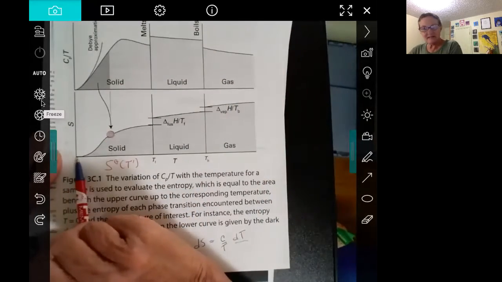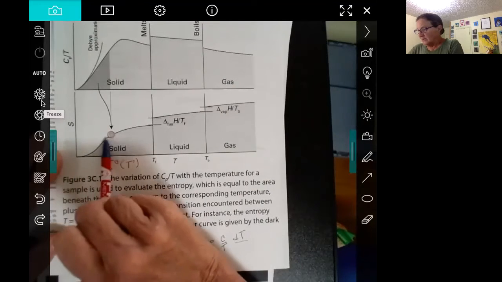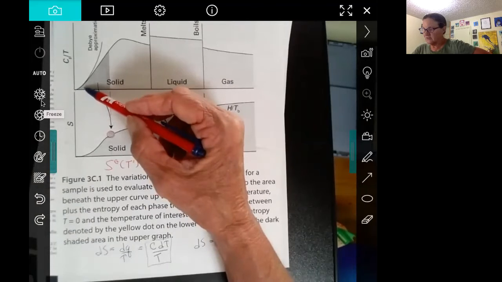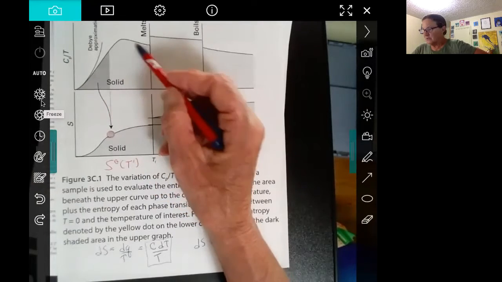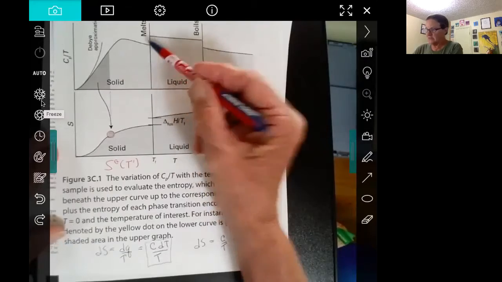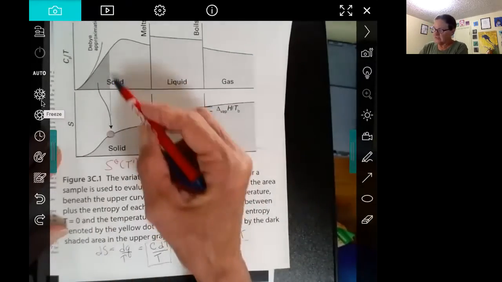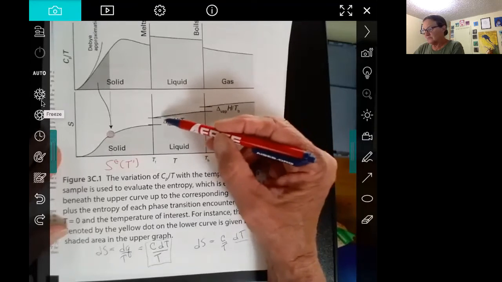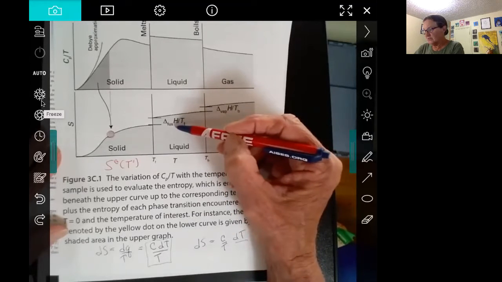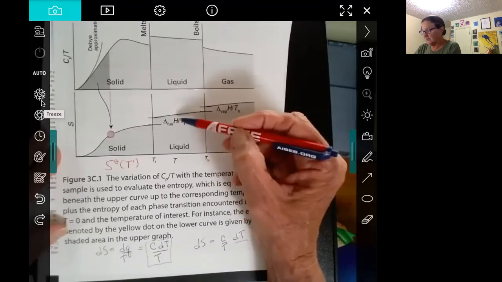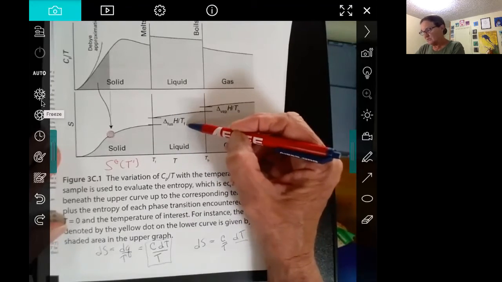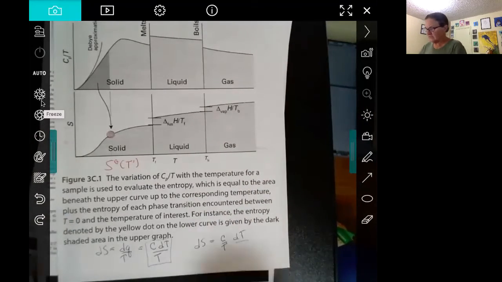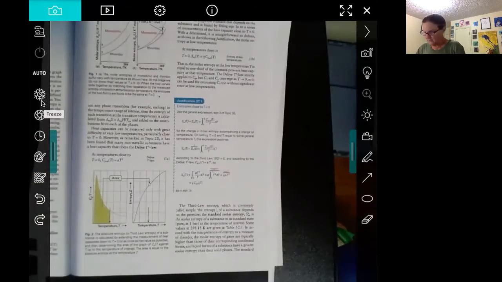If we start at absolute 0, or at low temperatures, we have to get an approximation because it's hard to measure close to absolute 0. But you can measure Cp and divide it by T, and then take that integral, and you'll get the entropy of the solid. At the phase transition, the entropy change will be the delta H of transition divided by the temperature of transition, so for fusion and for vaporization. You can add those all together and you get what's called the third law entropy.